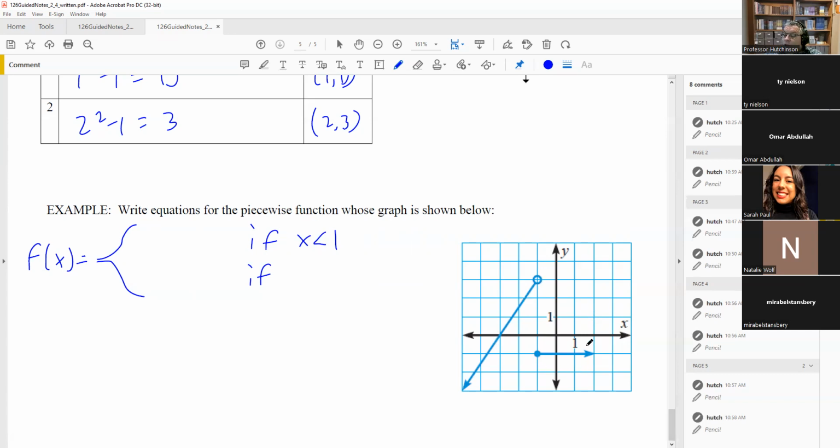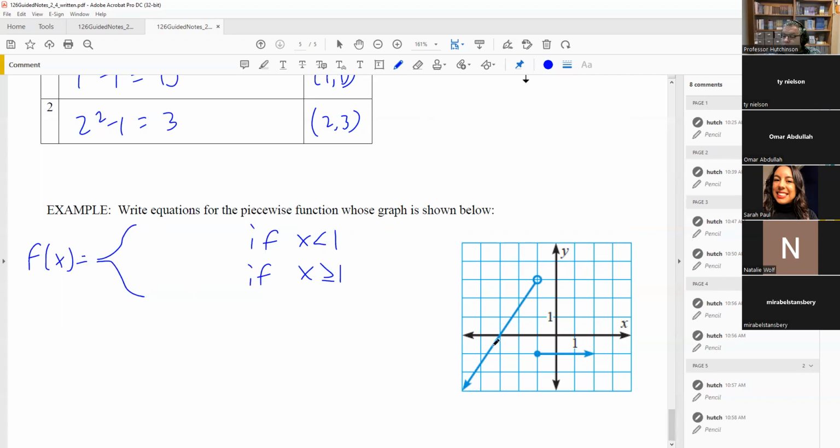For this one down below here, I'm starting with 1, and it's a closed circle, and it continues to the right. So that's values that are greater than, so I would put greater than or equal to 1. So now I have part of this complete. I have the conditional statements done. All I did was look at the picture and look at whether it was an open circle or a closed circle, and that told me what that was going to be. So now I have this complete.